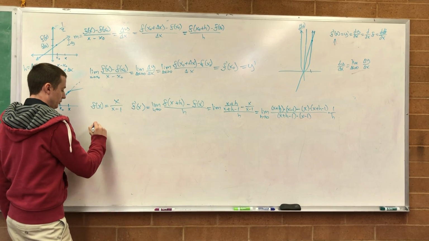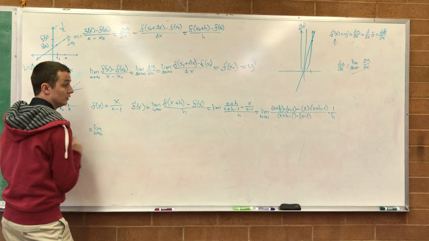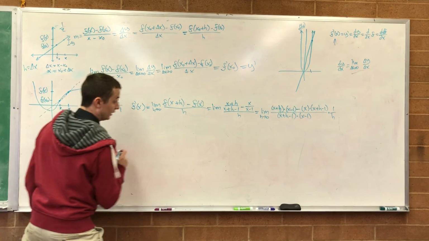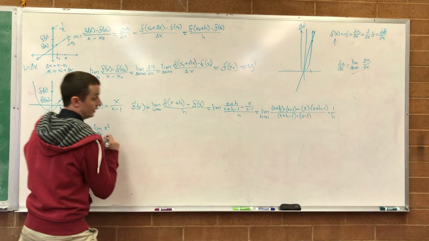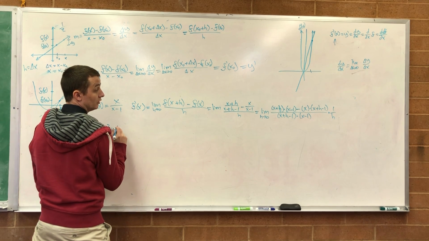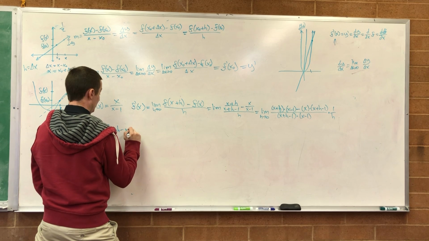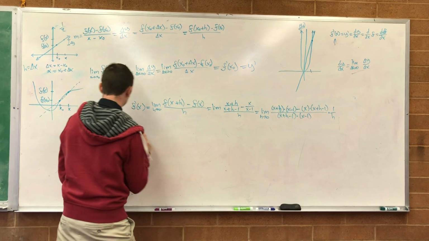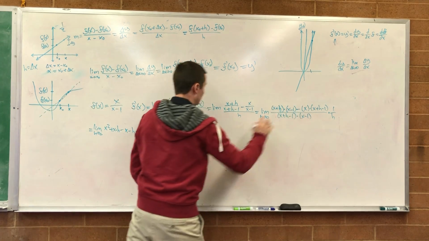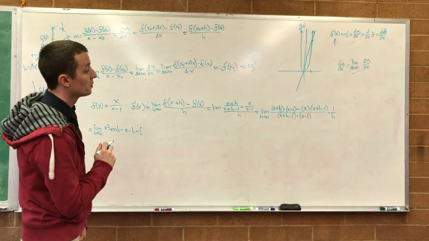So this is equal to the limit as h approaches 0 of, and let's multiply that whole thing out. So let's see, we're going to get x squared plus x times h minus x minus h minus, I'll distribute this minus when I'm done, so I'll put brackets here and just distribute the x around the other one.